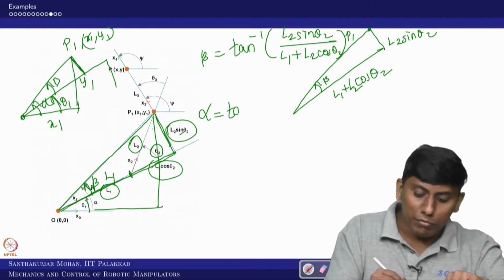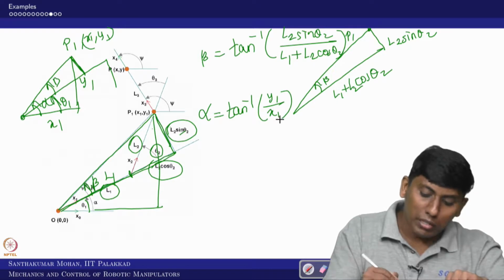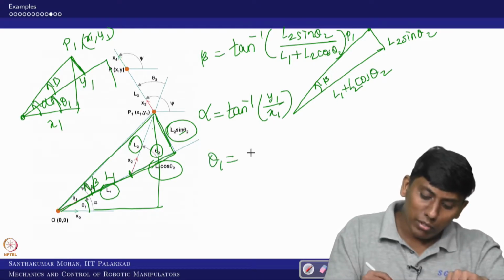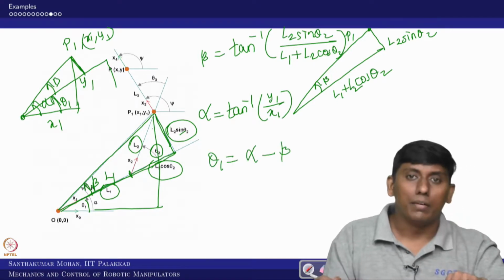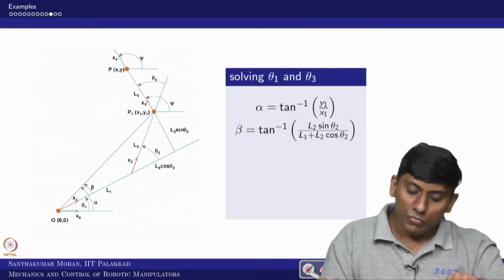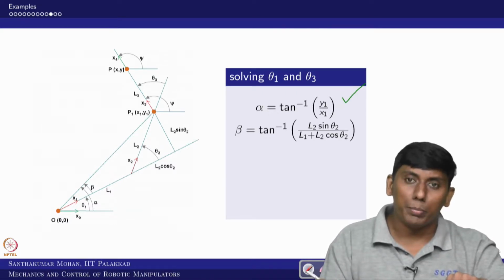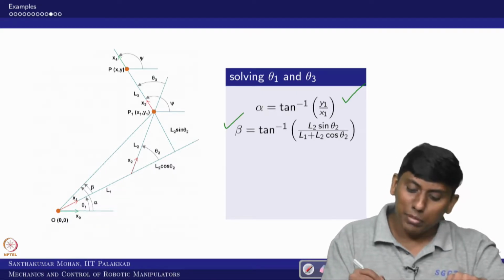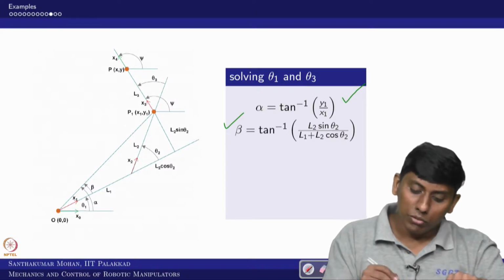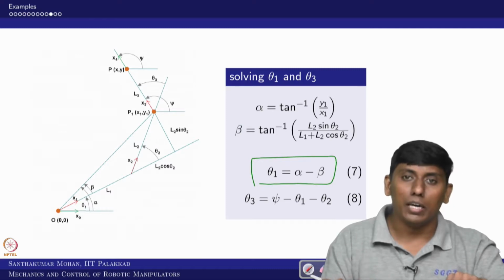Alpha is tan inverse of y1 divided by x1. What is theta 1? Theta 1 is alpha minus beta. So this relation I am bringing now. You can see that alpha is tan inverse of y1 divided by x1, and beta I am writing in this form. So now, theta 1 is alpha minus beta.